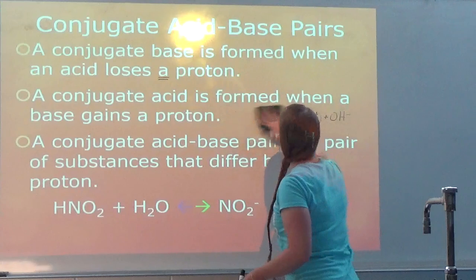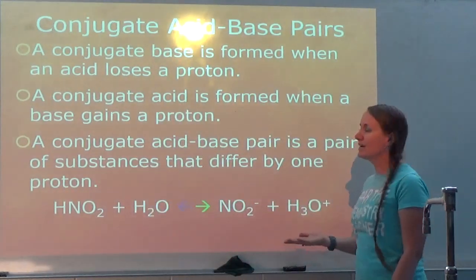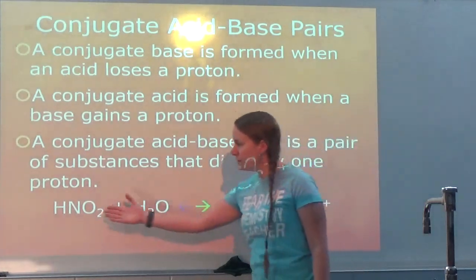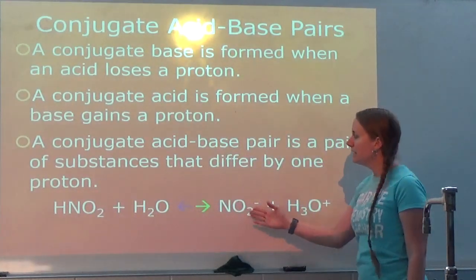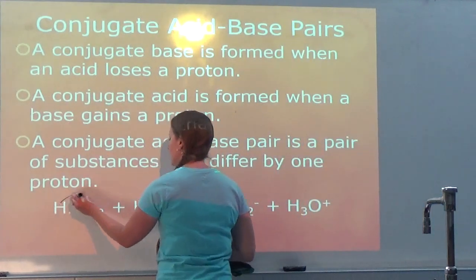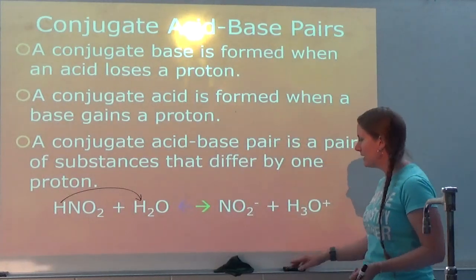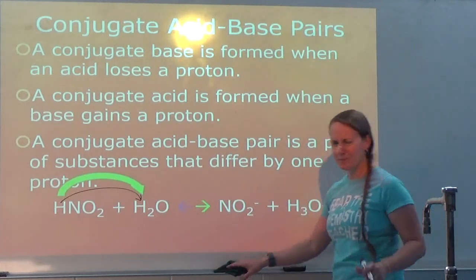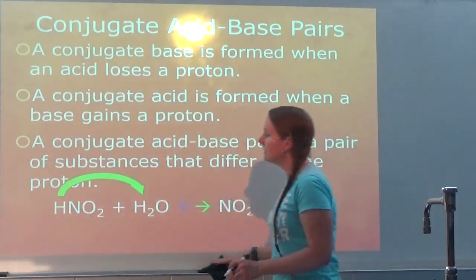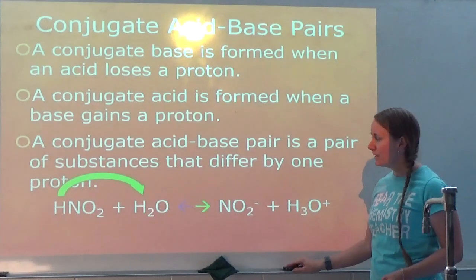Okay, so let's look at this reaction down here real quick. We have to look at what's going on. I have HNO2 and H2O. I'm making NO2- and H3O+. So I can clearly see that this is donating its hydrogen to the water. Okay, so we can clearly see that HNO2 is donating the hydrogen to the water.